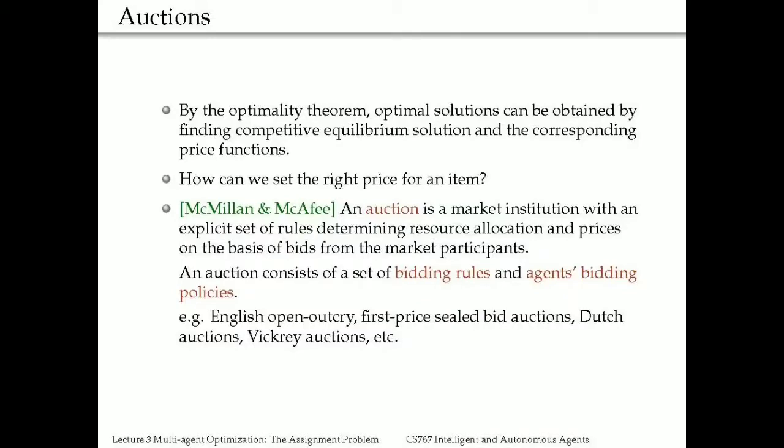Eventually no one wants to shout out another bid, then the winner is the one that has the highest bid. The other type of bidding system is, for example, the Dutch auction, where in the flower market, the bids go down instead of going up.